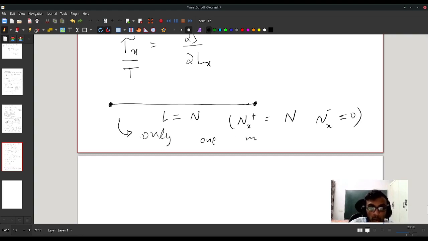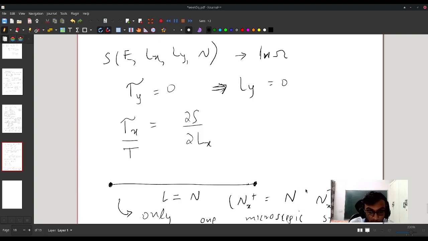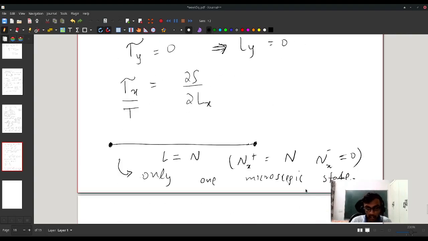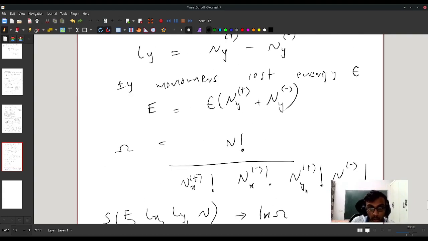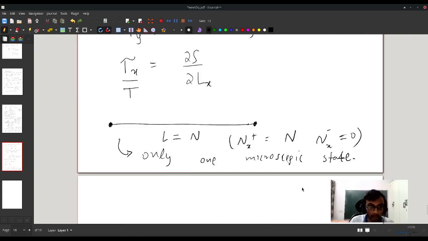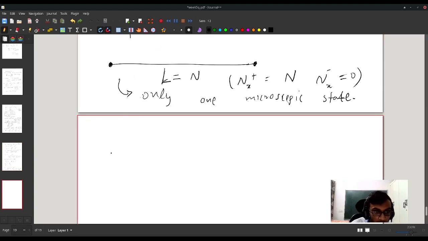Only one microscopic state with the total length being equal to N. Sorry if I forgot to mention, in this way of writing, each monomer has unit length. So the maximum length is equal to the number of monomers itself. So that is what we have at maximum length. There is only one microstate consistent with that.